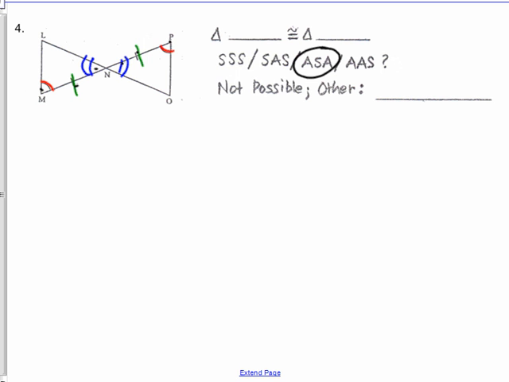So angle, side, angle, and we're going to name these triangles. I'm going to start with the M. So M, L, N. And I'm going to start with the P because that's the red one. P, and then I'm going to go down to O, and then I'm going to go to N.